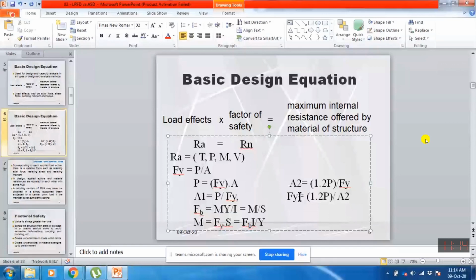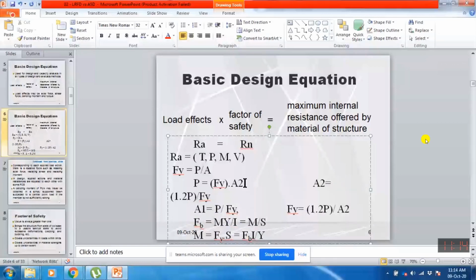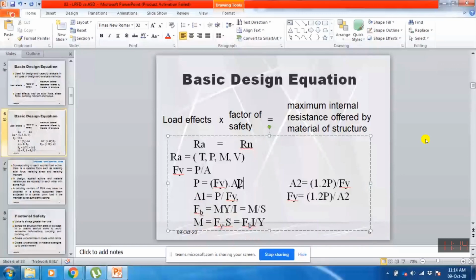Or simply, just understand from this equation: if area is more, then applied stress will be less. It means that members will not approach the yielding stress.